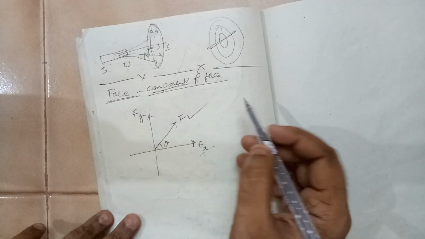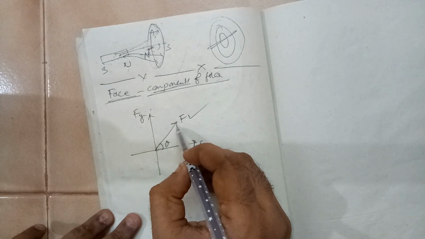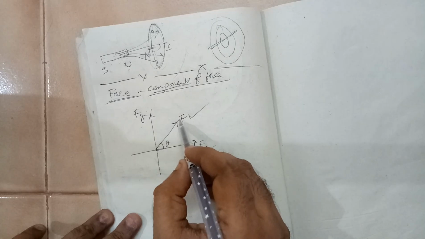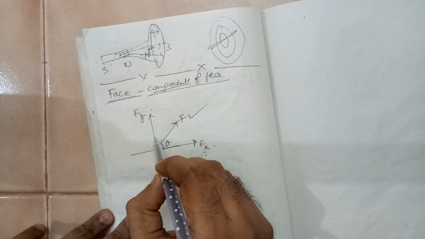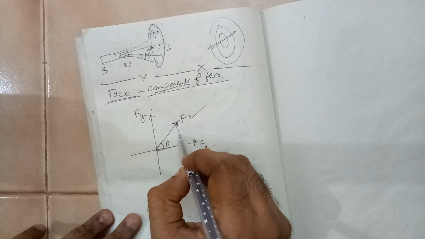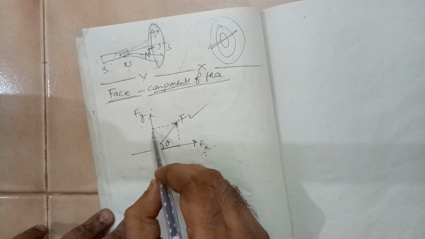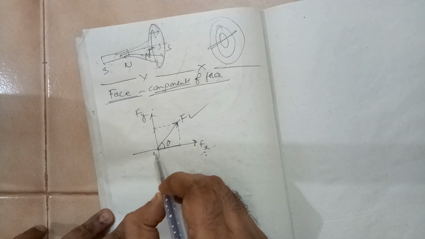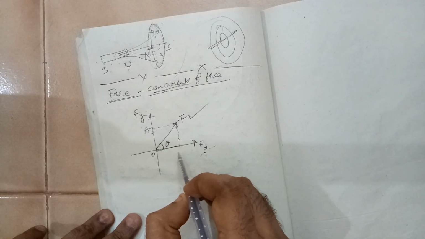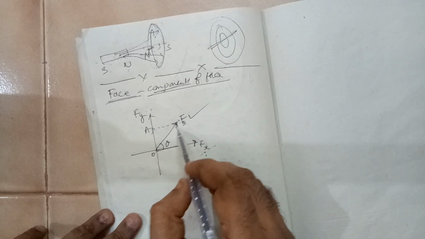So if you have seen the previous video, how this force F has come, you can construct a parallelogram. We will name it O, A, B and C. BC will be equal to OA.